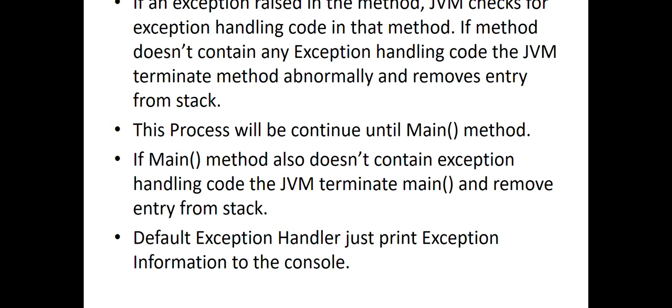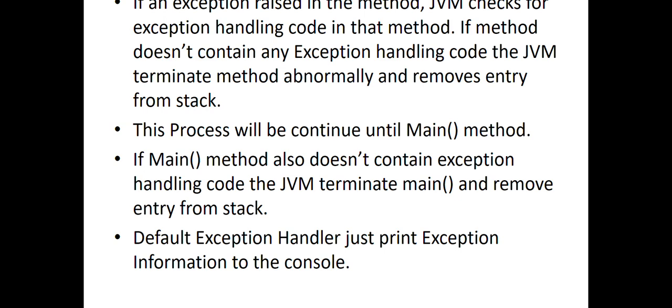Means suppose in our program any method raises an exception and we have not written try catch code to handle it, then the JVM internally stops the execution of that method and removes its entry from the stack memory, and this process continues until all the methods up to the caller method have finished.